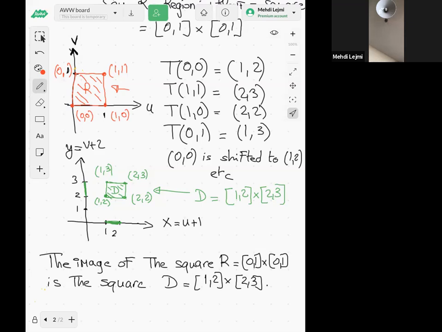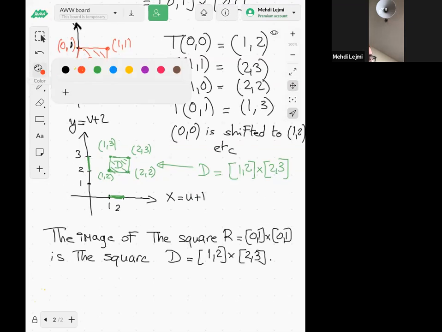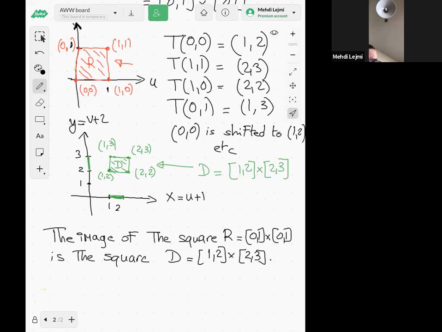So, conclusion. Here's my transformation T, right?